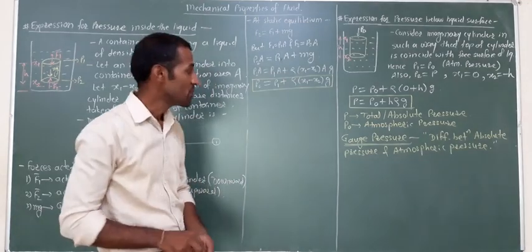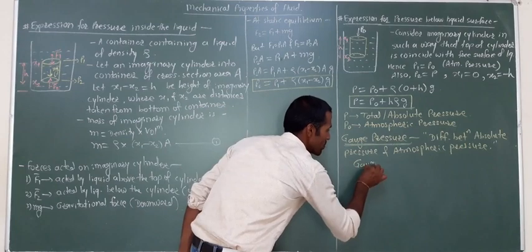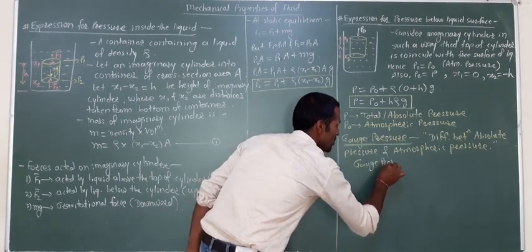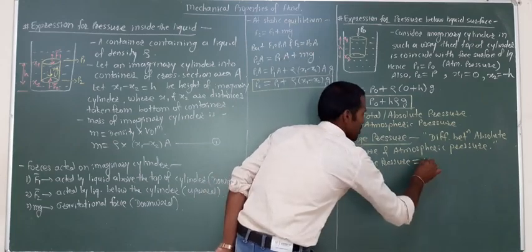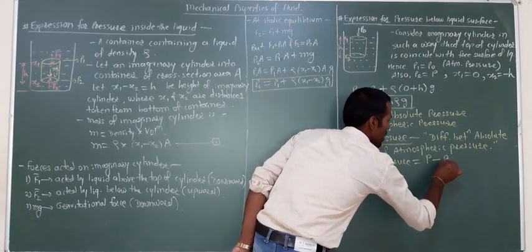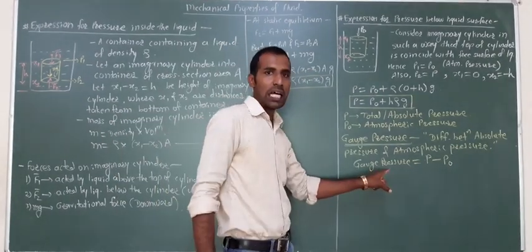What is gauge pressure? Gauge pressure is nothing but the difference between absolute pressure and atmospheric pressure. Okay, clear?